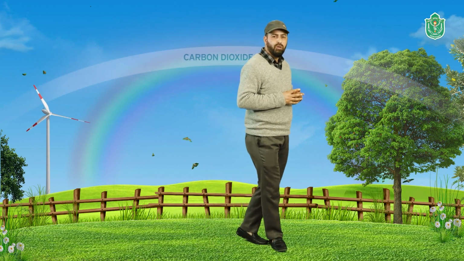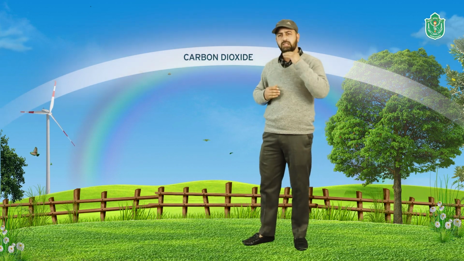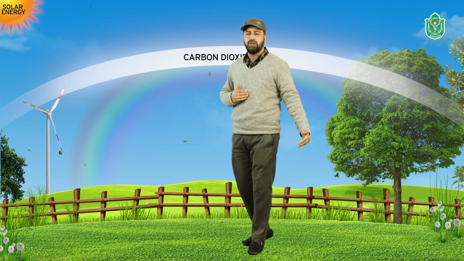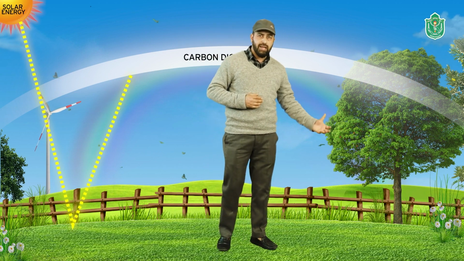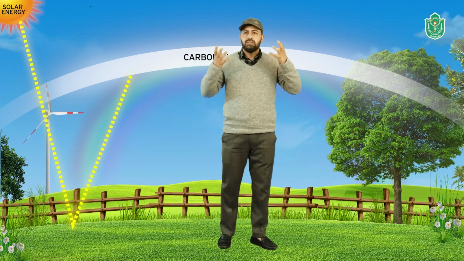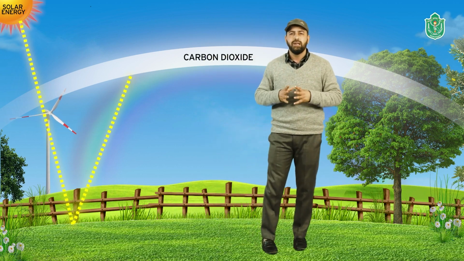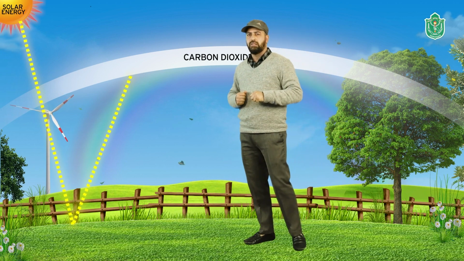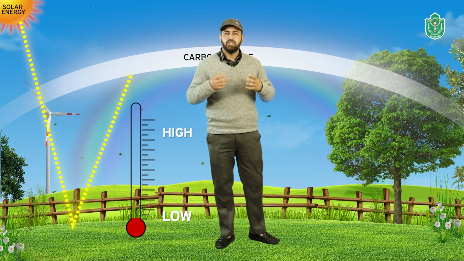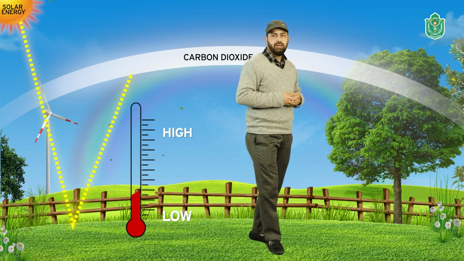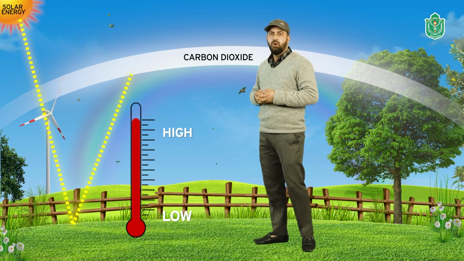Children, you all know that when the heat reaches on the earth's surface, or we can say when the solar energy strikes with the earth's surface, then it radiates back, or we can say then it reflects back, and there is already present carbon dioxide in the atmosphere, and this carbon dioxide traps this radiated heat or absorbs this radiated heat, and the temperature increases in the air, and because of that increase in the temperature, our earth remains warm.